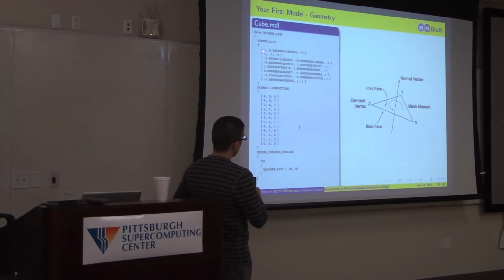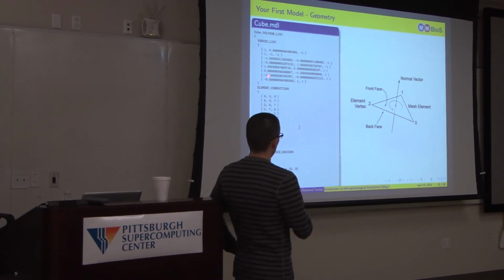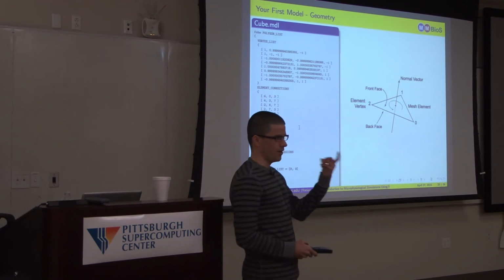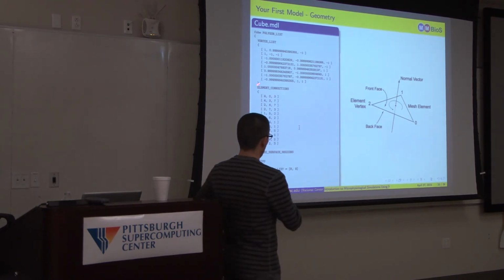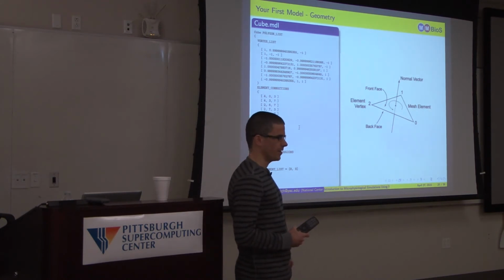It's a list of vertices in x, y, z coordinates, and then a list of element connections that define triangles. So basically, it connects vertex 4 with vertex 0 with vertex 3. That defines a triangle. And so these element connections here define triangles that describe the cube. Does it make sense?